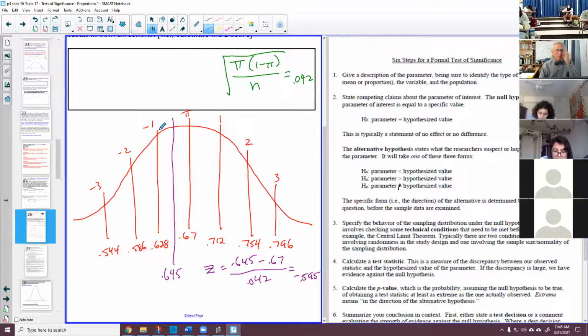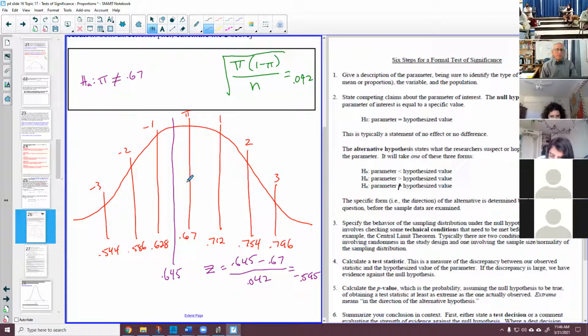Now here's where it gets a little bit different, when my alternative hypothesis is that pi is not equal to my H sub 0, my 0.67.